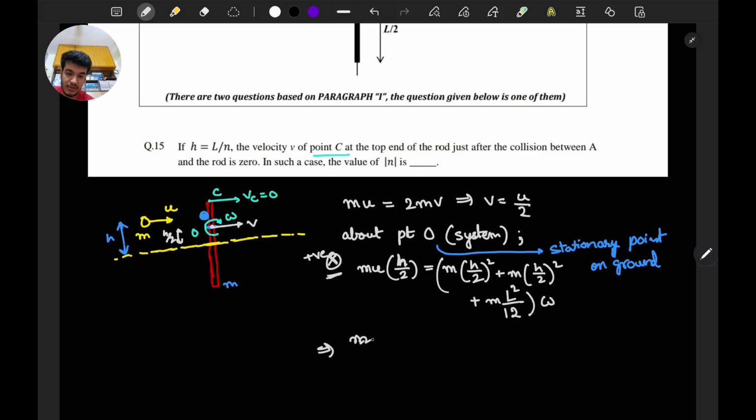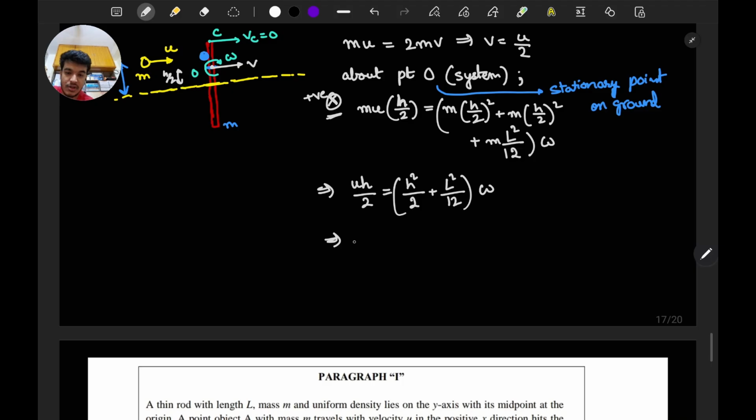So I can write m u h, and cancel all the m, and I can write h^2/4 plus h^2/4, so h^2/2 plus l^2/12, times omega. So my omega comes out to be this, whatever big expression is here, over h^2 plus l^2/6. So this is my omega.